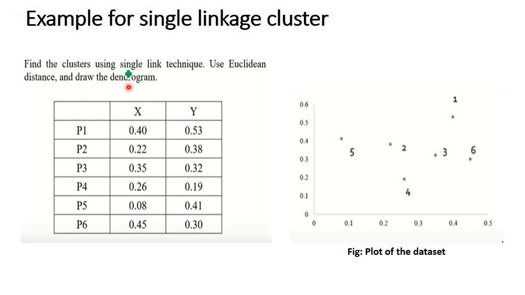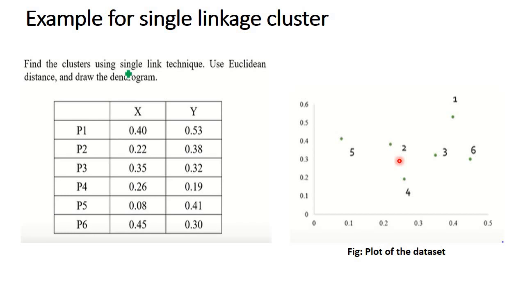In the question, a data set like this will be given to you, with P1 to P6. There are 6 data objects and there are 2 dimensions, X and Y. And this represents the graph, the scatter plot of the same data set.